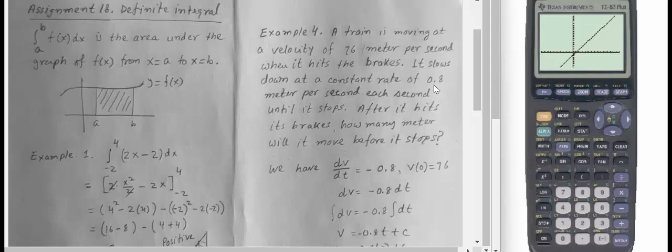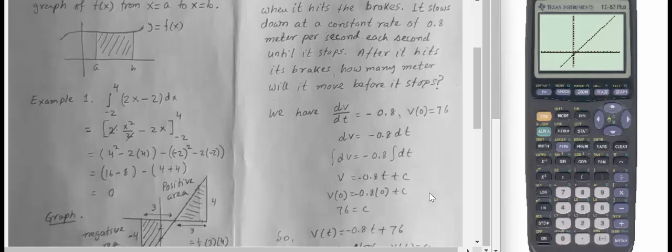And the rate is 0.8, slowing down. So that's why dv/dt, which is the derivative of the velocity, is negative 0.8. So this is our function actually. From here, we will find the velocity with the help of integration. So first of all, you multiply both sides by dt. You get dv equals negative 0.8 dt.